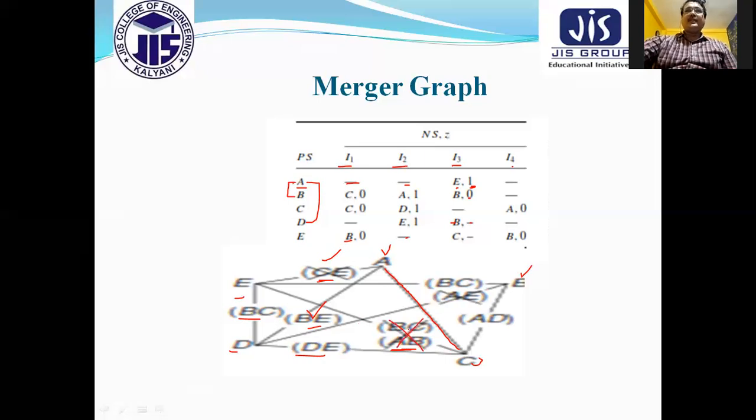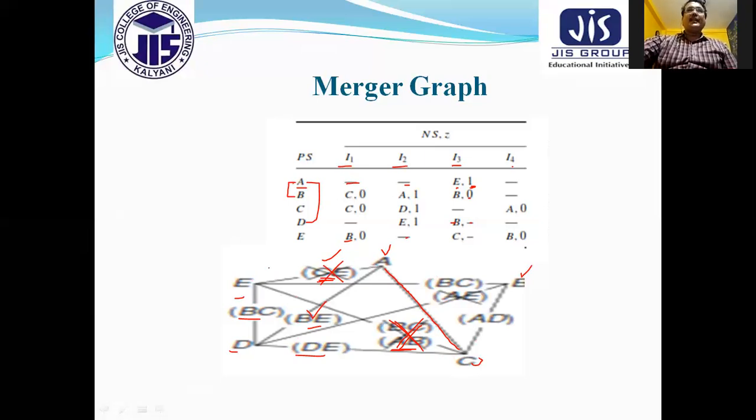Even though B and C are compatible, A and B are not compatible, so we have to cross this one. If I cross this one, then C and E become incompatible. You have to check whether C and E exist here. I can see it exists, so I make this one crossed. If I cross this one, then A and E become incompatible.